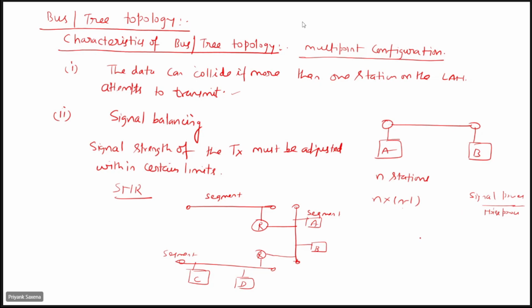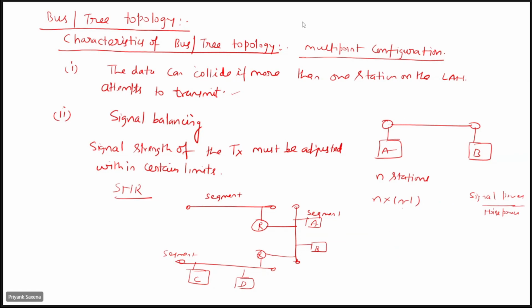So when we talk about signal power divided by noise power, the signal power should be sufficiently high so that the noise effect is not that significant, so that the noise is suppressed, right?